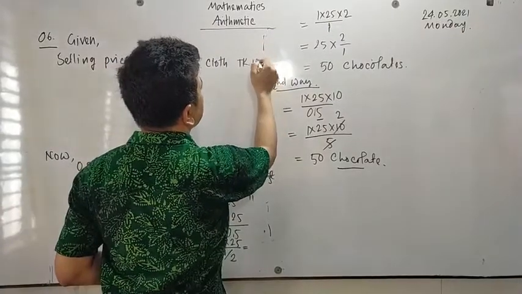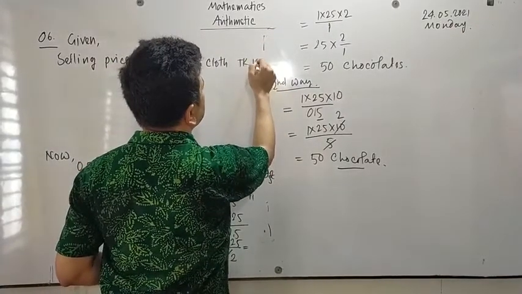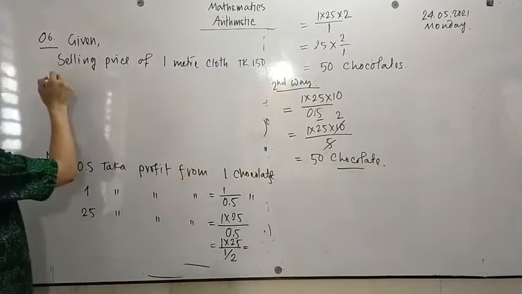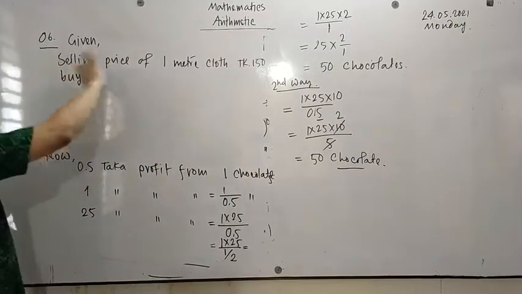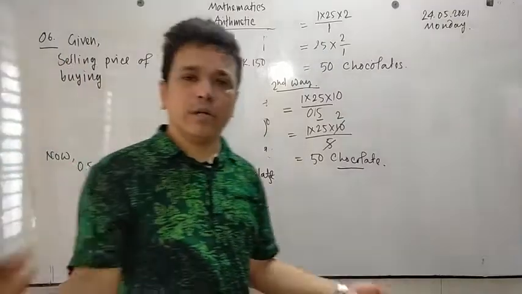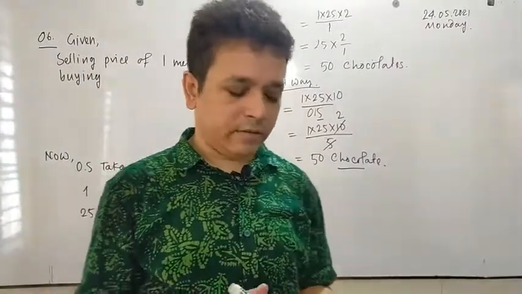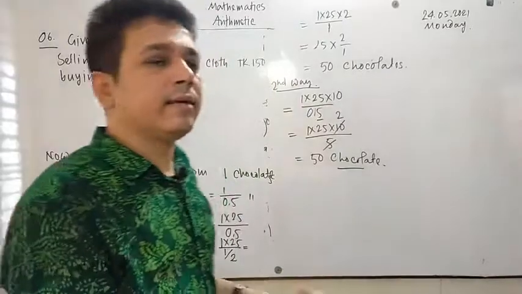Selling price 150 taka, and buying price of 1 meter cloth. You can write buying price in the first sentence or you can write selling price in the first sentence. It doesn't matter. Nothing is changed.